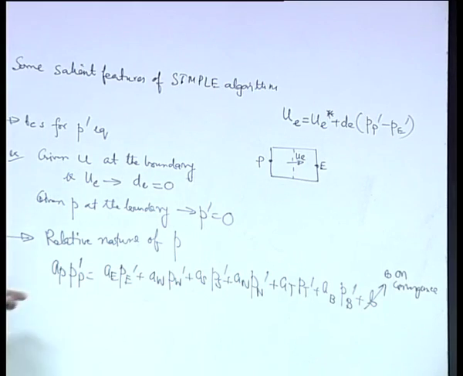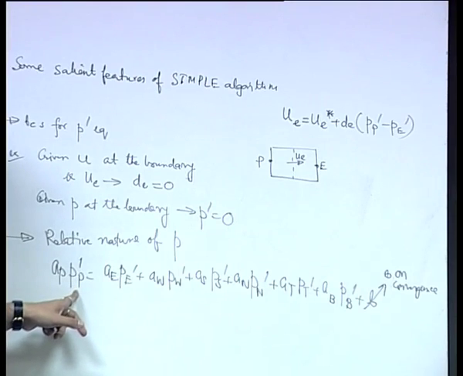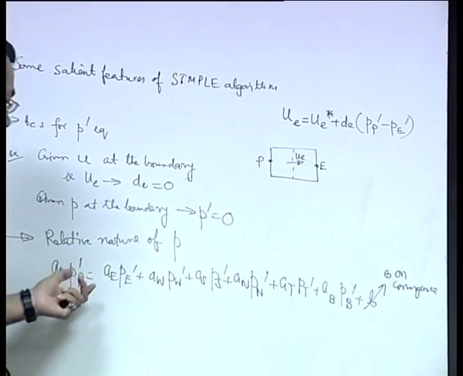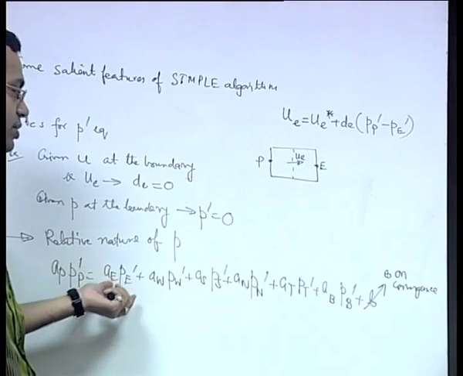then we can see that if P dash is a solution of the equation, then P dash plus C is also a solution, and that follows from a_P equal to the sum of the neighbor coefficients a_nb.